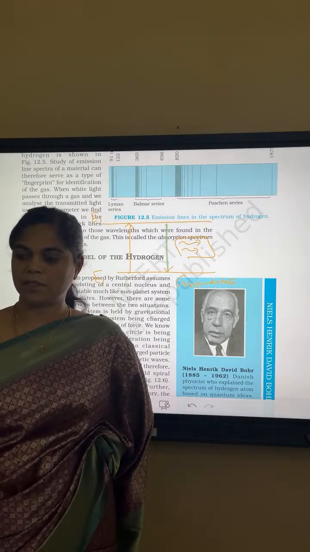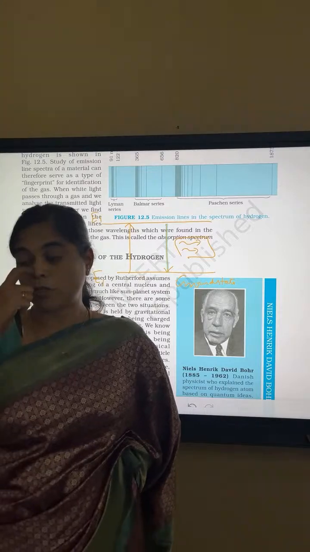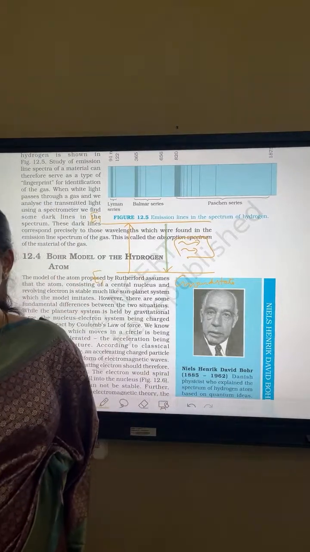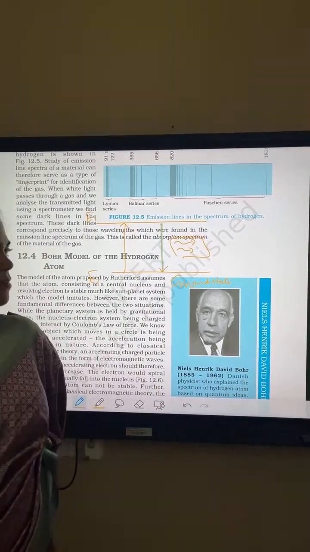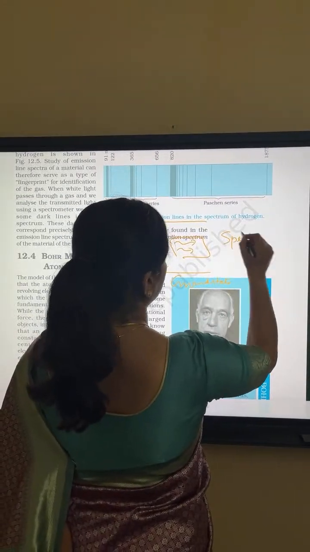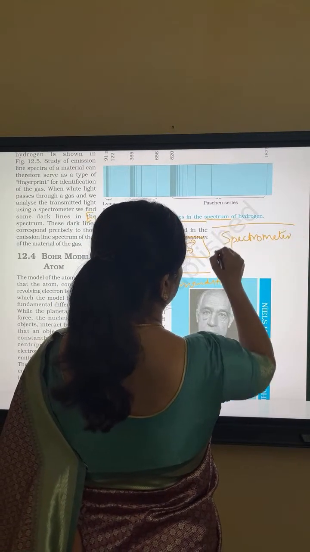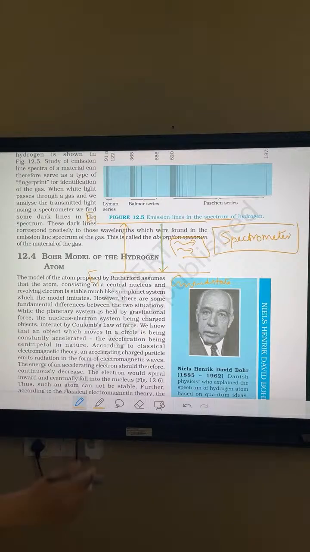from an atom. So we used to call that atomic radiation. If you view atomic radiation through a spectrometer, we call that radiation a spectrum. The spectrometer is used to measure the spectrum. Understood or not?